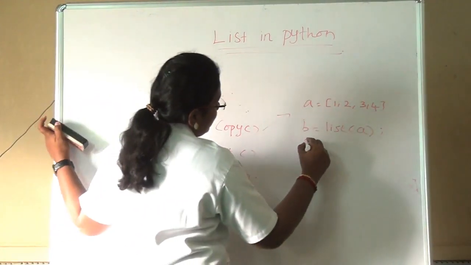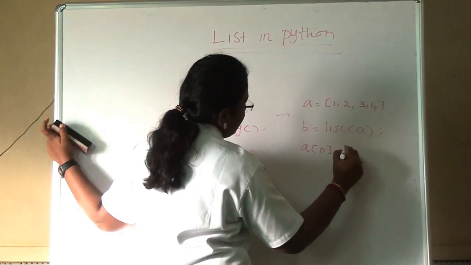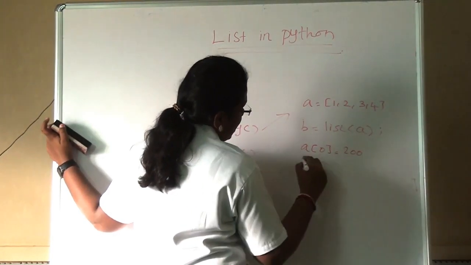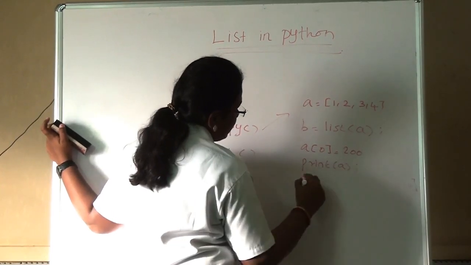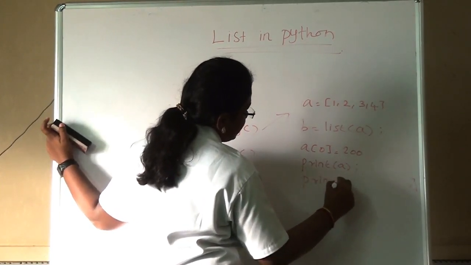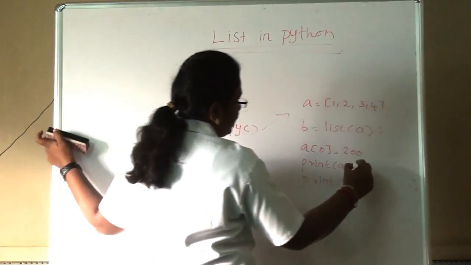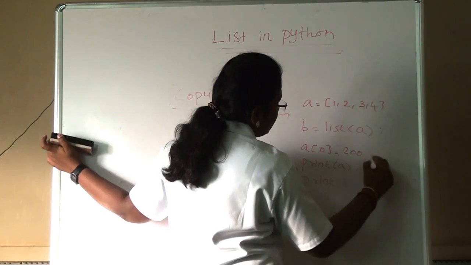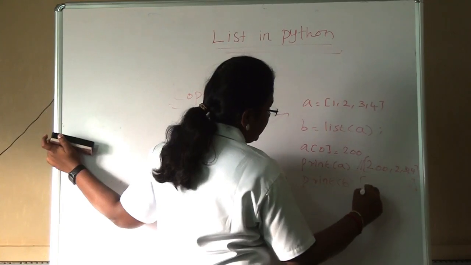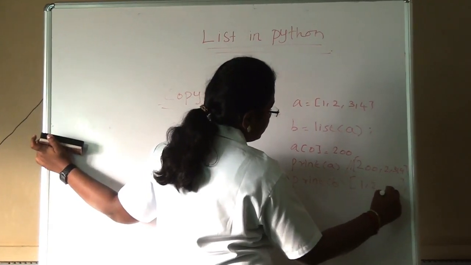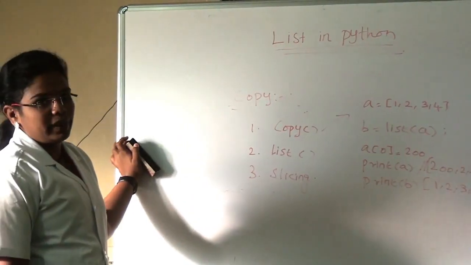Again I change the content of A to 200. After that, if I print A and then print B, it will not reflect the content. The content of A is 200, 2, 3, 4. Then B is 1, 2, 3, 4. That is the second method for copying the contents.